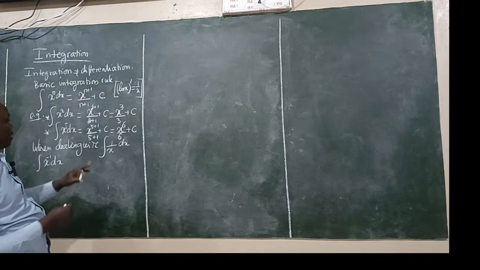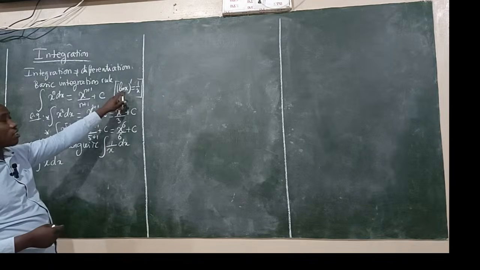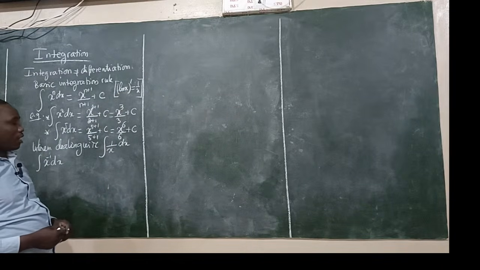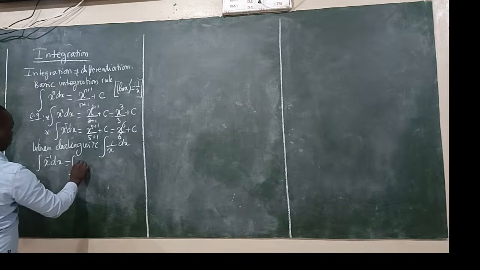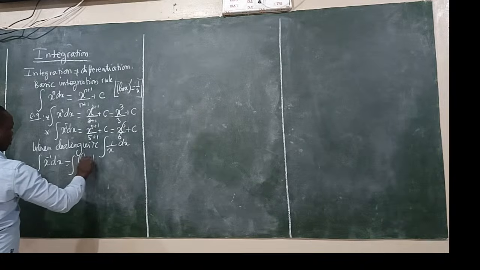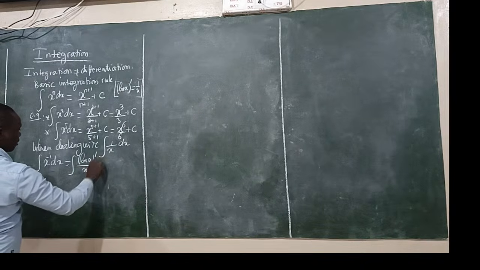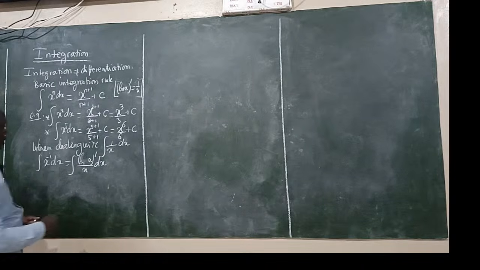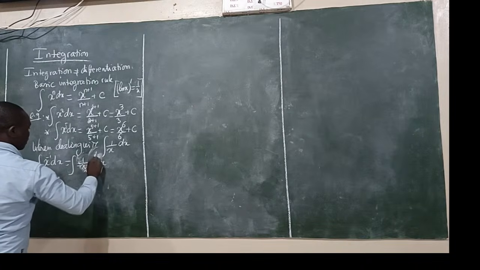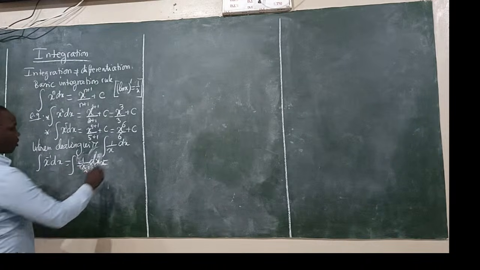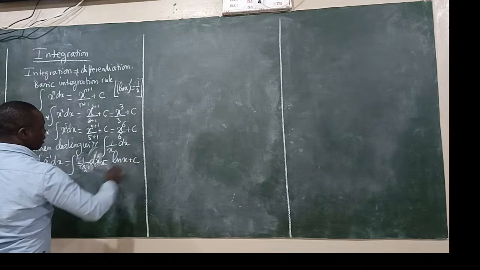That's why the integral of 1 over x is the natural log of x. Here we have 1 over x dx, and this integral gives the natural log of x plus c.